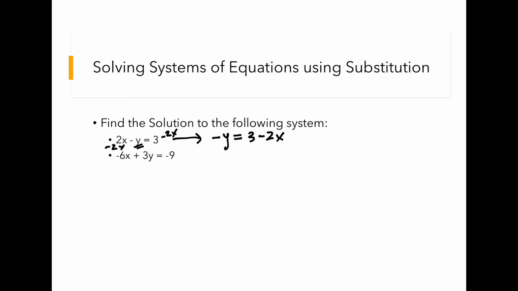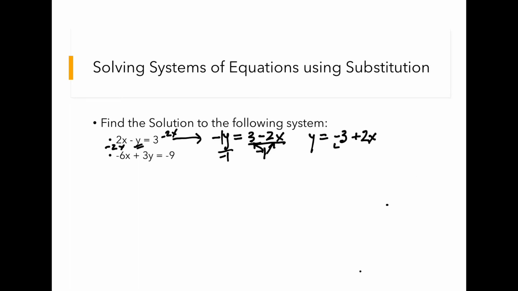It's important to remember that subtraction becomes negative because we actually need to get rid of it. That's a -1. So to get rid of it, we divide both sides by -1. That divides both terms by -1. So y is basically, they both become opposite signs. So instead of +3, I have -3, and -1 divided into -2x makes it +2x.